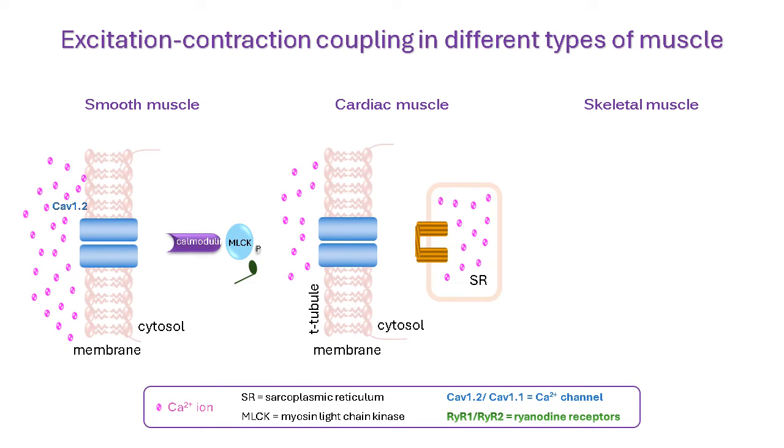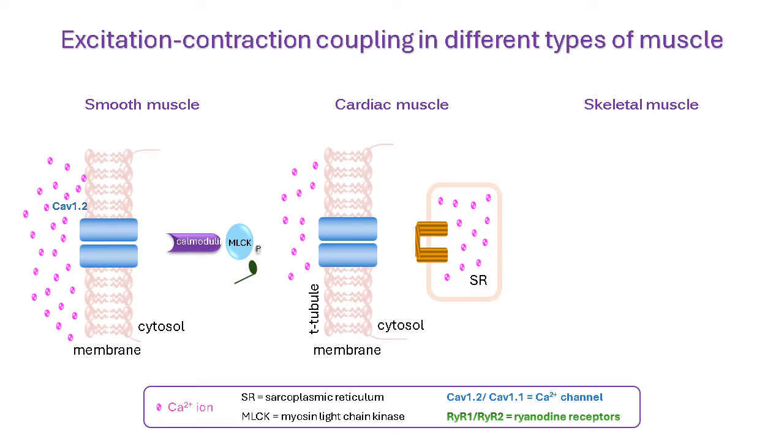Cardiac cells have evolved a structure to facilitate the spread of calcium around the cell and deep into the centre of the cell. That structure is a network of T-tubules, which are invaginations of the plasma membrane that extend deep into the cell.